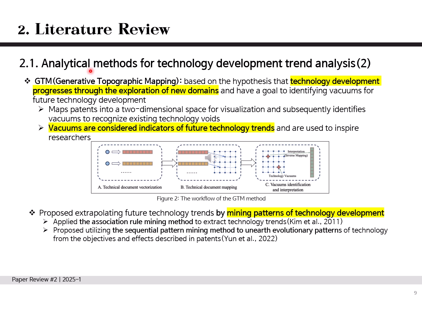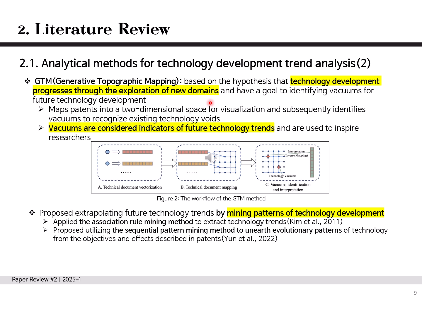There are other analytical methods for technological development trend analysis. One is called GTM, where technological development progresses through the exploration of new domains, with the goal of identifying vacuums for future technology development.